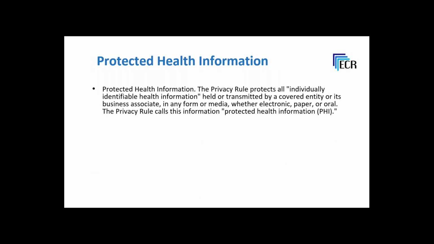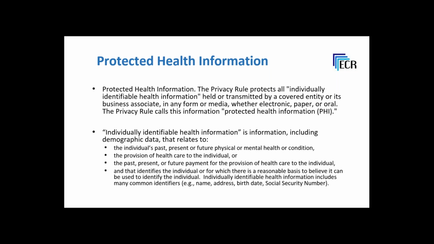Protected health information. The privacy rule protects all individually identifiable health information held or transmitted by a covered entity and its business associate in any form or media, whether electronic, paper, or oral. The privacy rule calls this information protected health information, PHI.